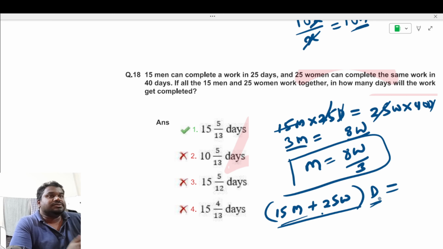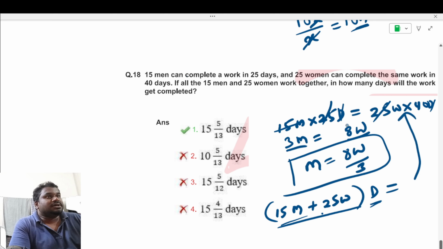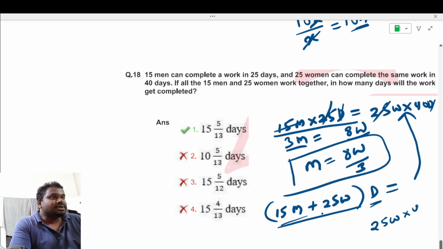The D should be found. But the work is same whether 15 men or 25 women are working, the work is same. So I can equate the work as this one or this one. So now I'll write 25 women into 40. This is equal to 25 women into 40. Okay. Now what I'll do, in place of men, substitute 8 women by 3.